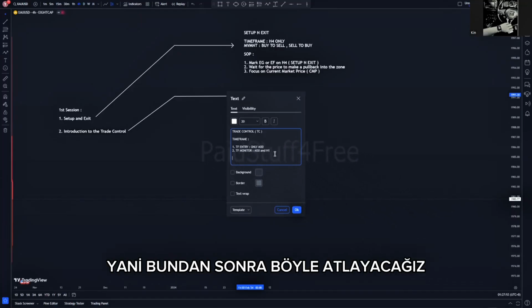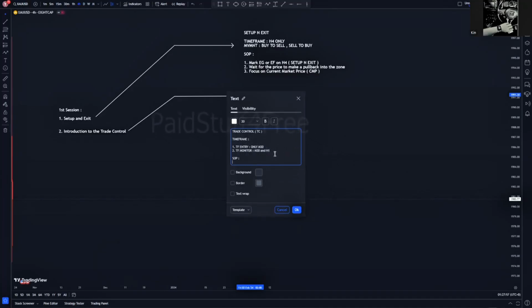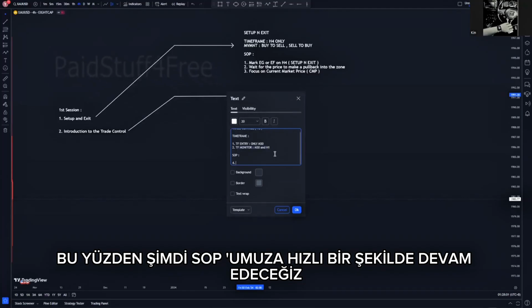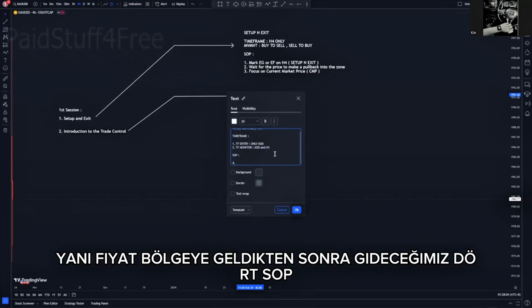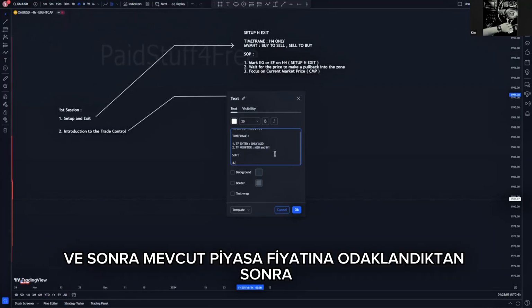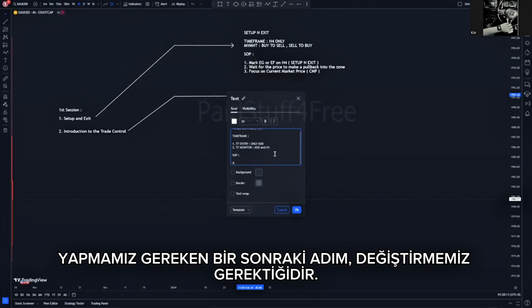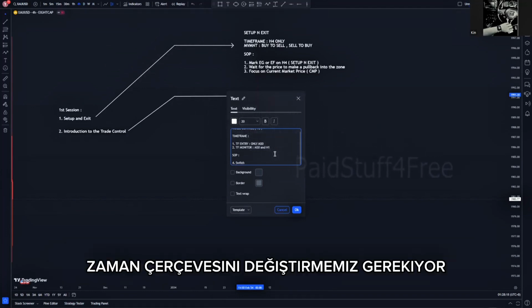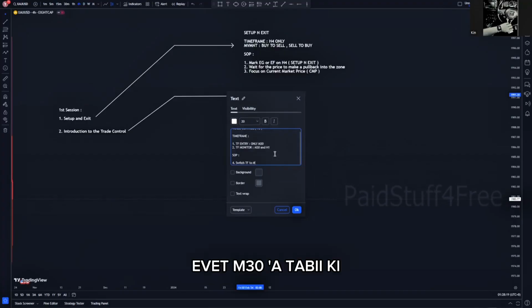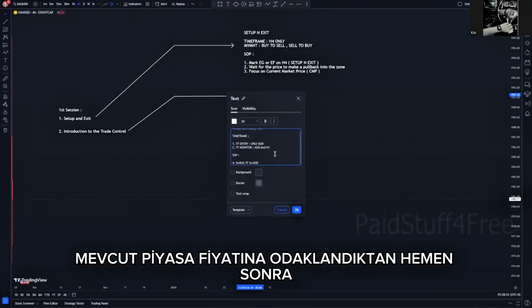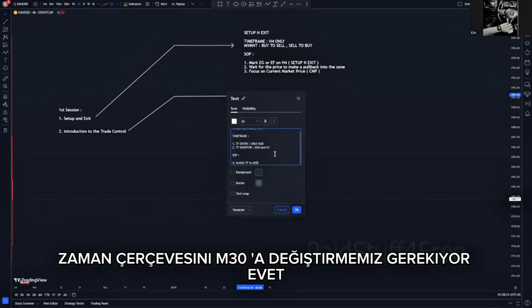After that we're going to jump into the SOP. We're going to continue our SOP from just now, starting with number 4. After the price gets to the zone, and after we focus on the current market price, the next step is to switch the time frame to M30, of course.